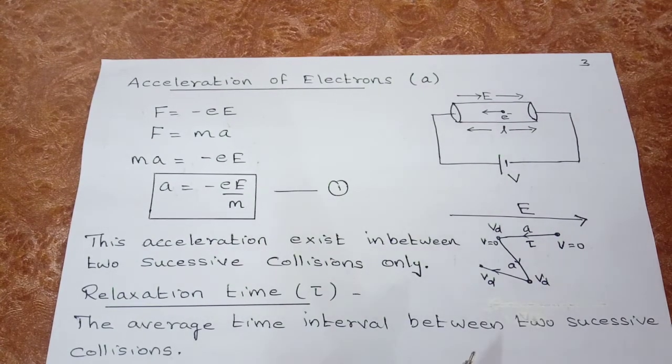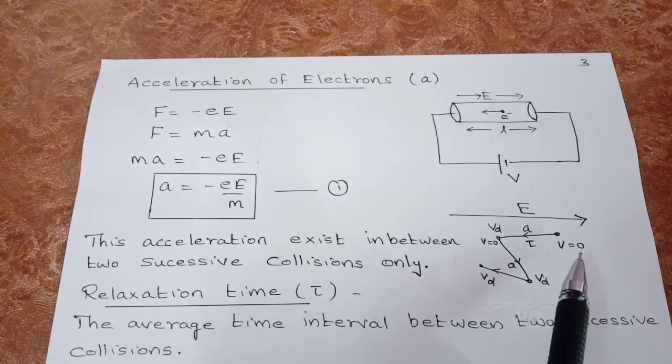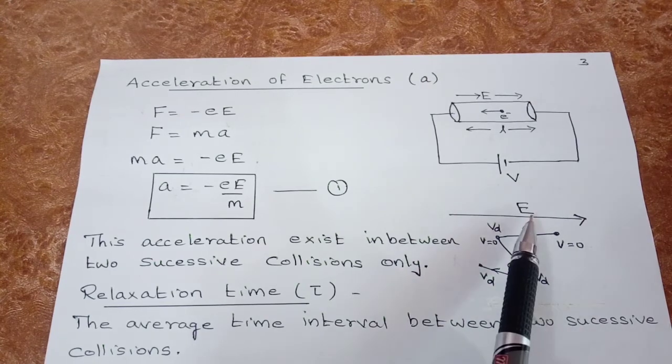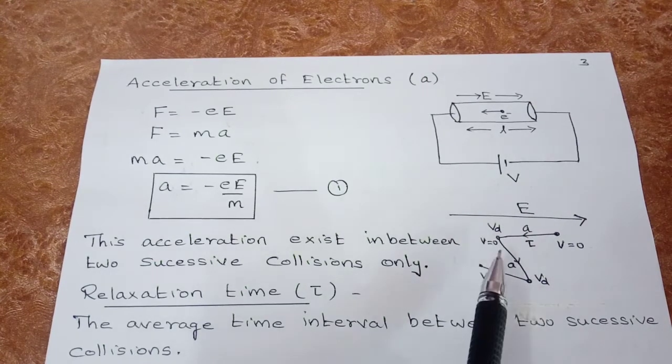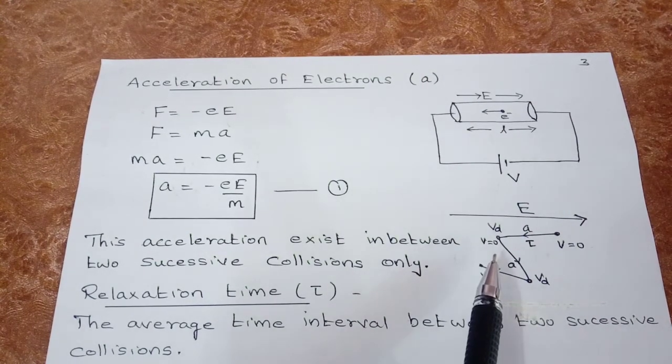As soon as it suffers a collision, it deviates the path, and again it suffers another collision, again deviates the path. So the motion will be like this, a zigzag one, but it is constantly drifting against the electric field with an average velocity called drift velocity.